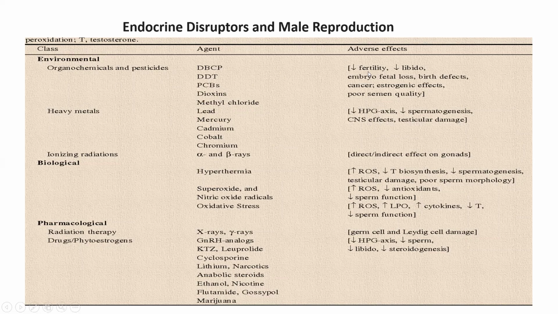It produces decreased fertility, decreased libido, embryo-fetal loss, birth defects, cancer, estrogen effect, and poor semen quality. So these are the different effects on the male reproductive system after exposure to these environmental, biological, and pharmacological agents. Here the details are given.